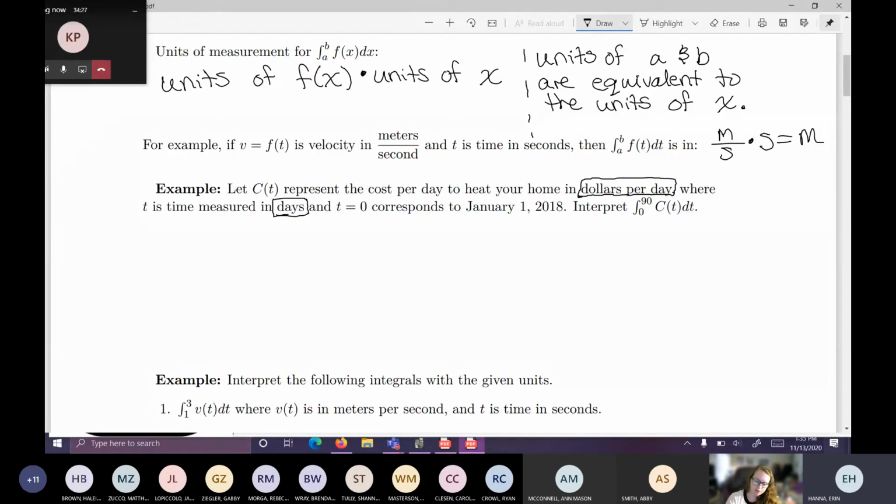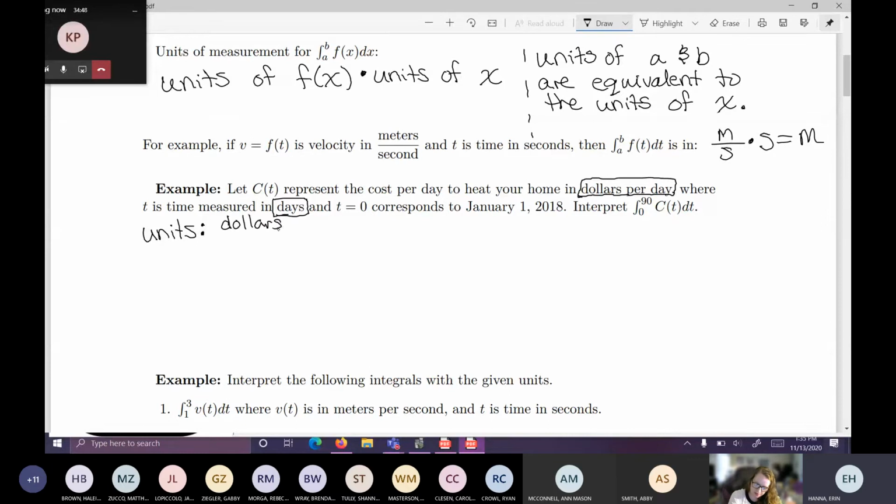Before we try to figure out what this would mean in words, in context, let's just figure out what the units would be. We need the units of the y values and the units of the x values. The y values here are the C of t's, so the units of C of t are dollars per day.